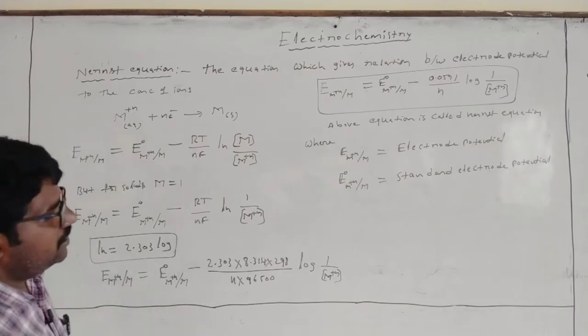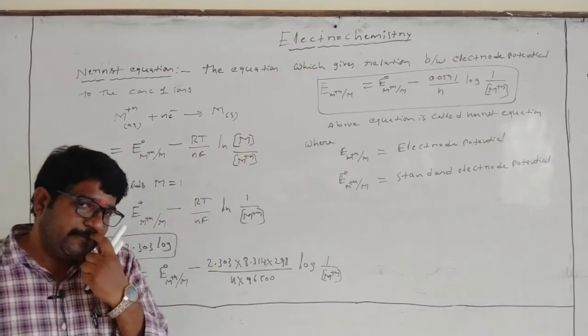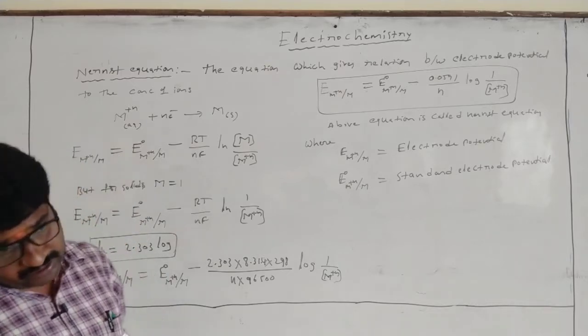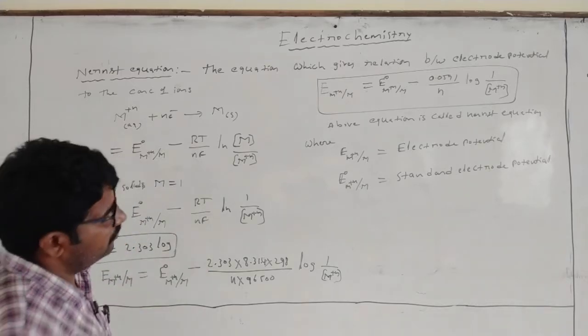For calculation, if you want to calculate the electrode potential of metals and non-metals, what is the formula?